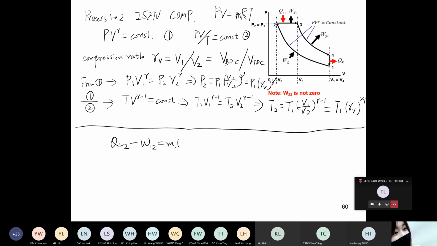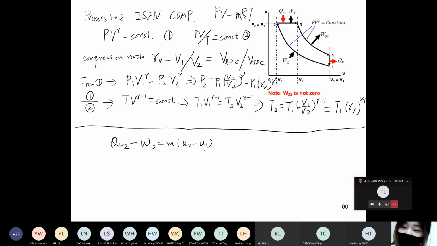Where is H? H, enthalpy, is for flow systems. This is a non-flow system, so we need to use the non-flow equation. That is the change of internal energy.